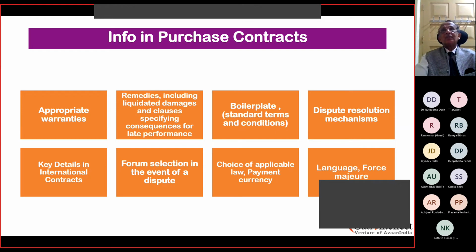At whose cost? There could be a need for inspection after 6 months. At whose cost? Who's going to bear the expenses for traveling back and forth, plus the hotel expenses? Got it? These are all hidden charges. If it is not mentioned, you will get into argument.